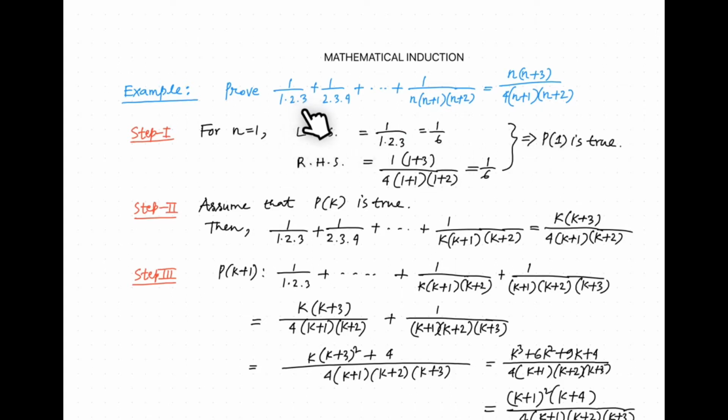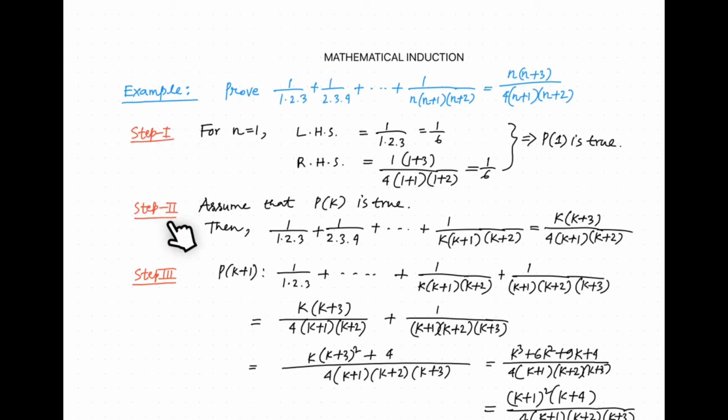Whenever we take the first term only, the LHS is the first term, that is 1 by 6, and in the RHS we replace n with 1, then we get this expression, and simplifying this we get 1 by 6. So we see that LHS equals RHS, so Pn is true for n equals to 1, that is P1 is true. So step 1 is verified.